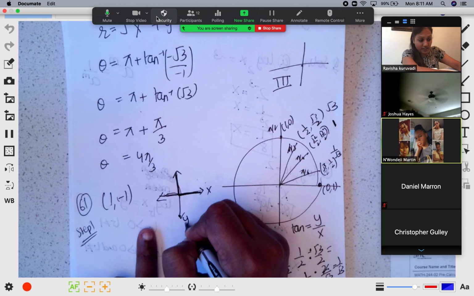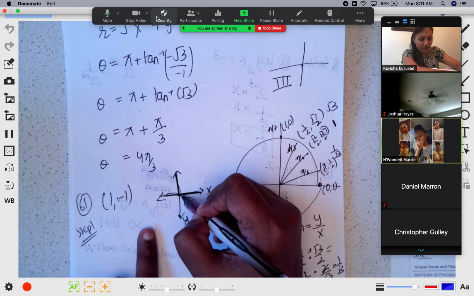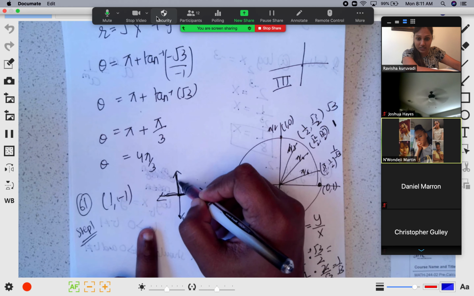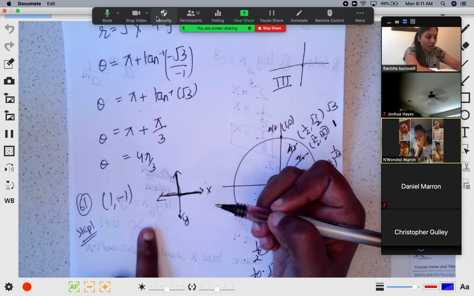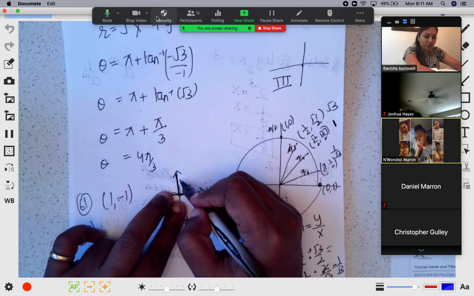For X, this side is negative, this side is positive. For Y, the top one is positive, the bottom one is negative. I'm talking about my first coordinate. What happens with my first coordinate?